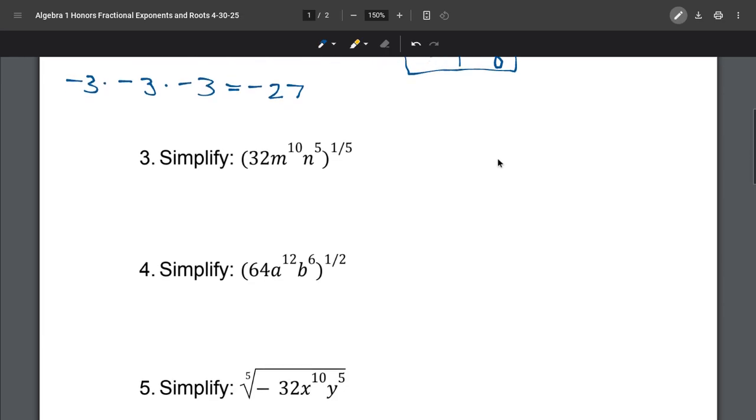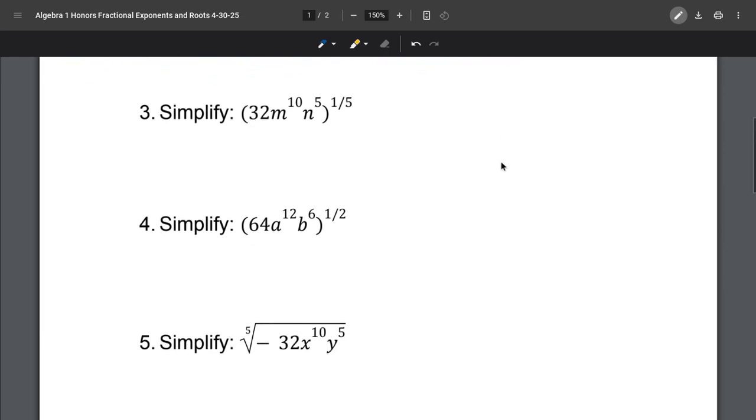Okay, let's look at this next one. Problem 3. We're raising to the 1/5 power. That's the same as the 5th root of 32m to the 10th power n to the 5th power. So the 5th root of 32 is 2. The reason being, if you multiply 5 2's together, you're going to get 32.